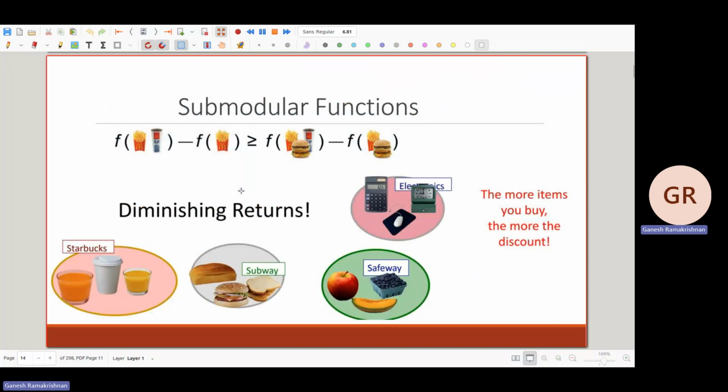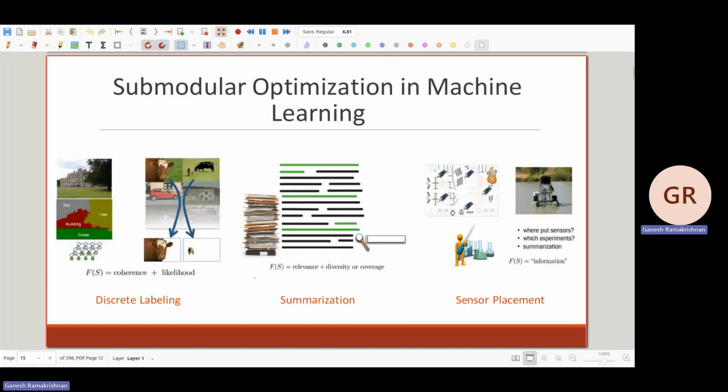The more items you buy, the more the discount, right? So in terms of cost, yes, and that's what is exploited, right? And you say buy more, then the incremental cost is less in adding a new element to your set. Yeah.